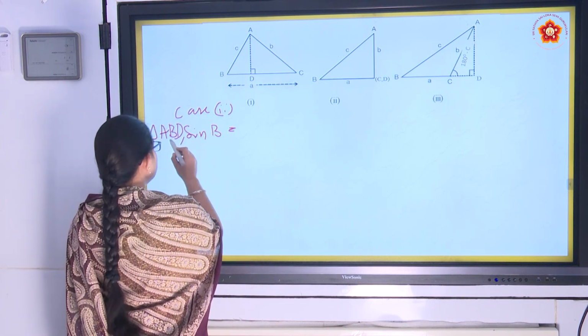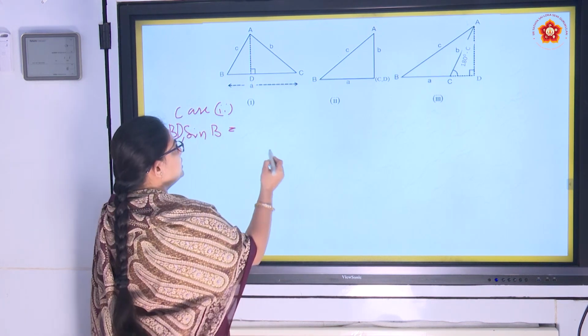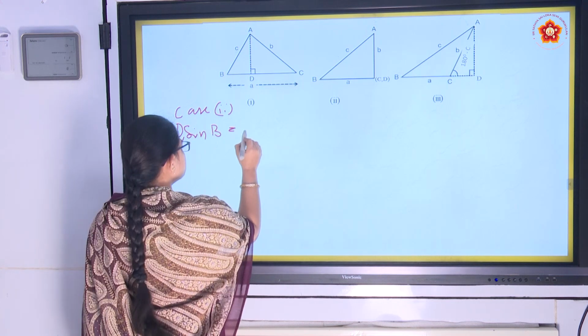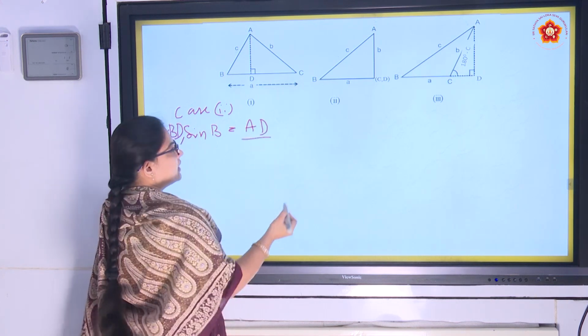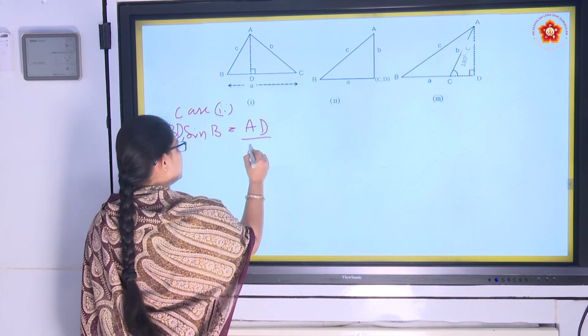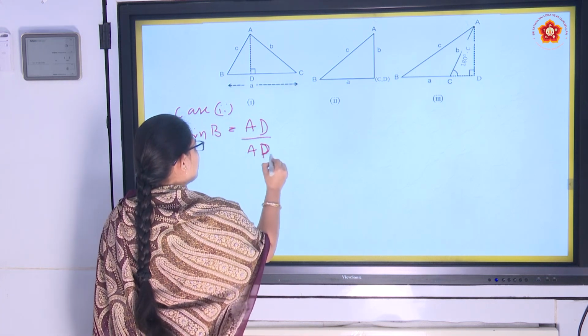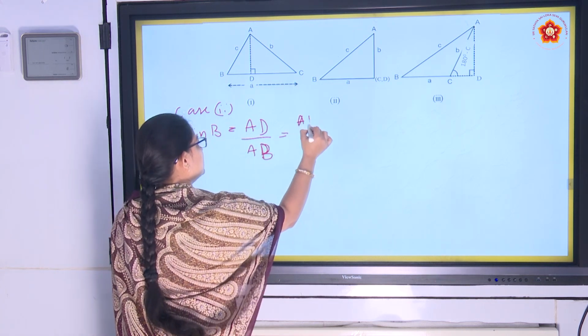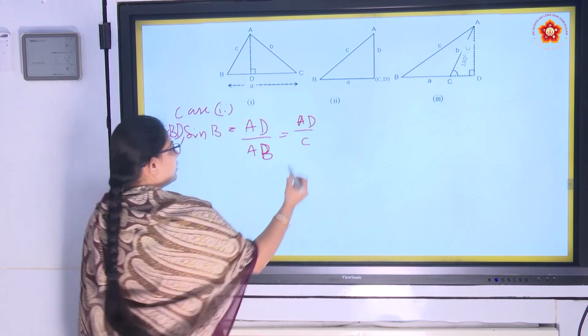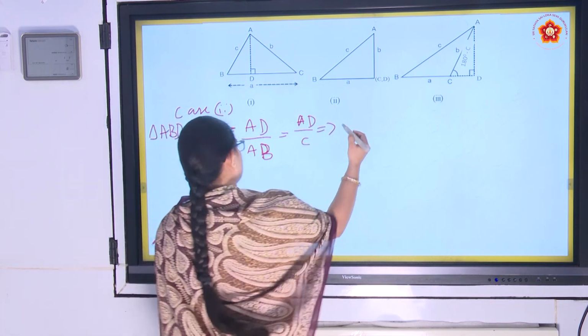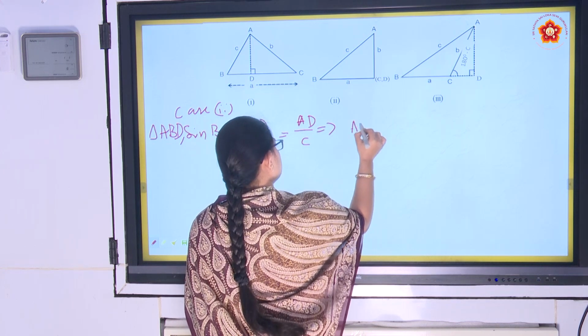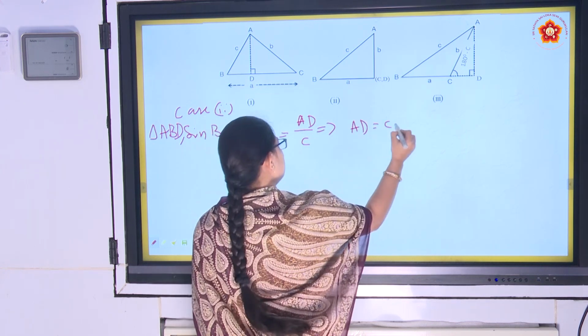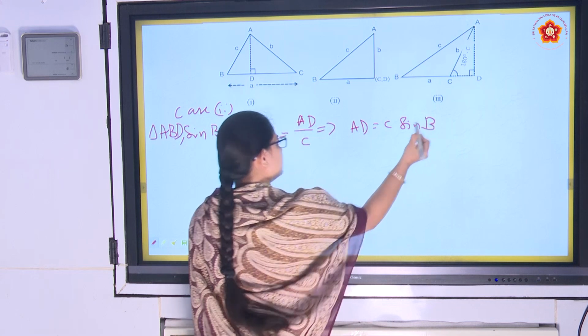So in the triangle ABD, what is sin B? It is opposite by hypotenuse. Opposite is AD divided by the hypotenuse AB. Now that is AD by AB is nothing but C, or this will imply AD is equal to C sin B.